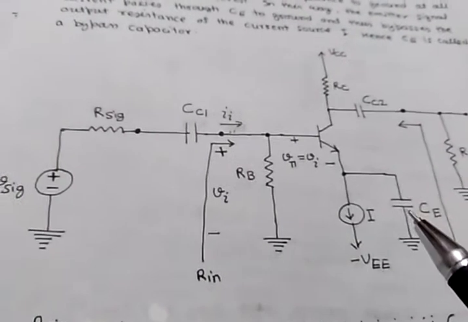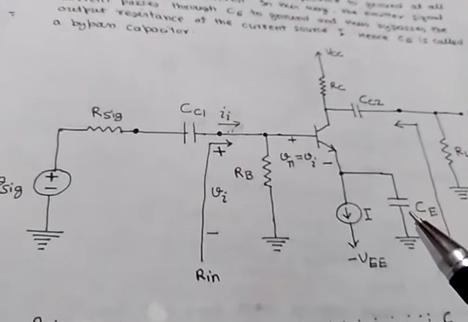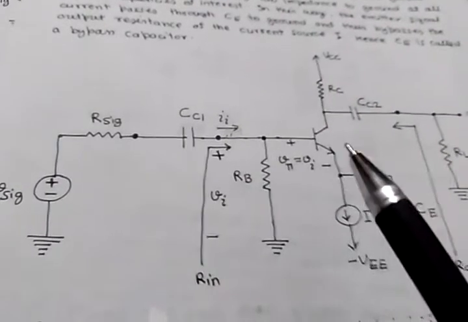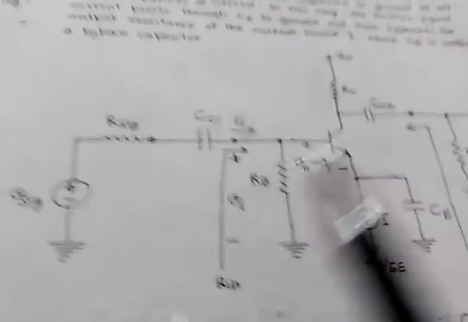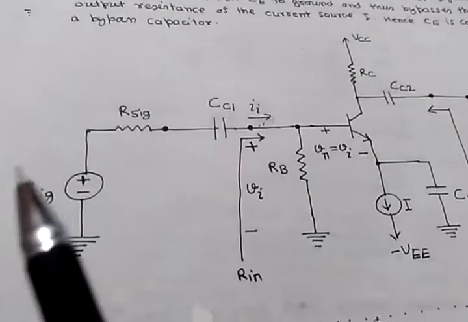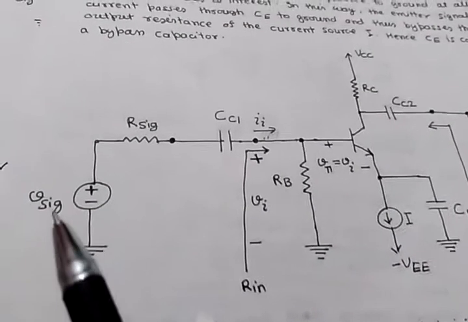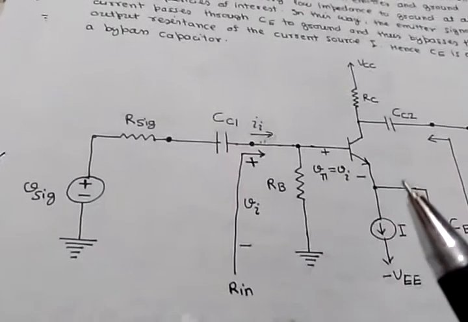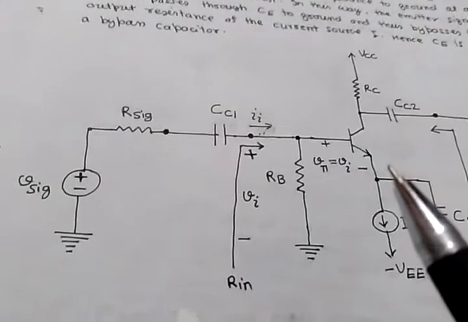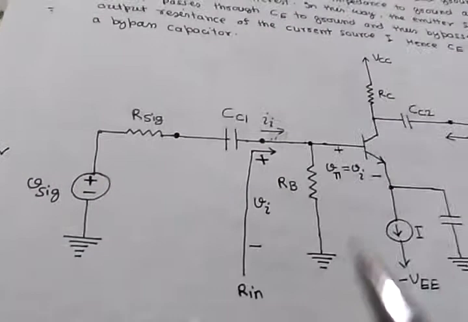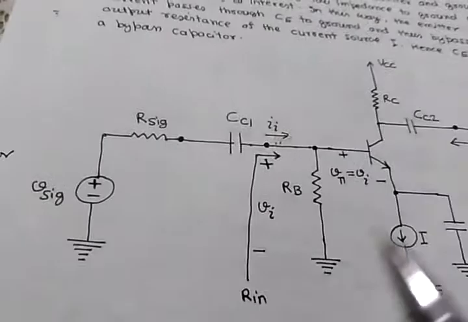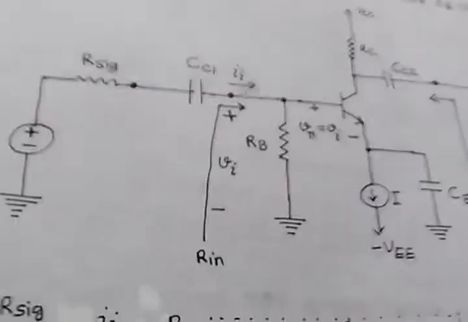Hence, this bypass capacitor CE will bypass the signal generated due to the applied input signal, preventing it from going into the constant current circuit I.